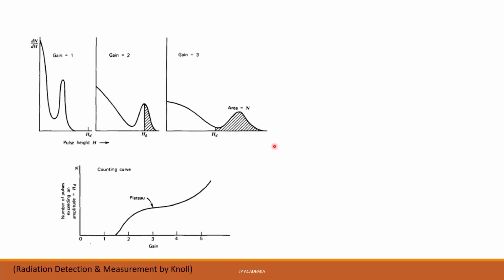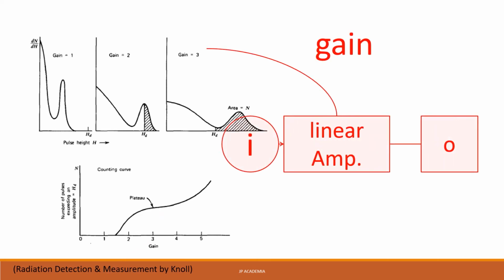Now, let's have another graph. It is usually possible for radiation detectors to vary their gain, or amplification, for the charge produced in radiation interaction. This can be done electronically by varying the amplification factor of a linear amplifier, which is placed between the detector and the counting system.